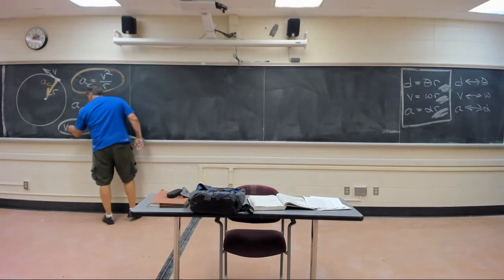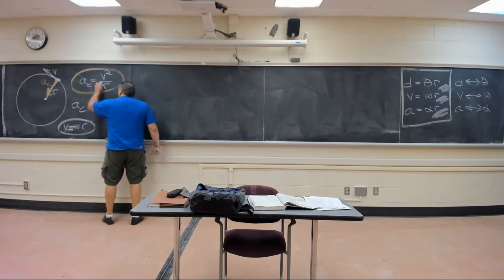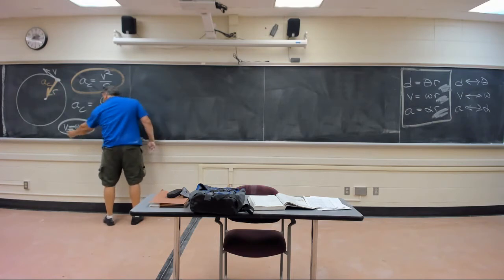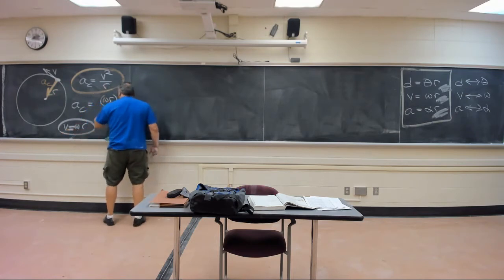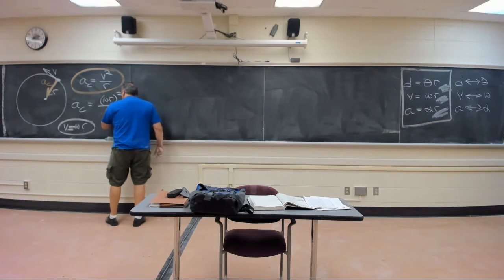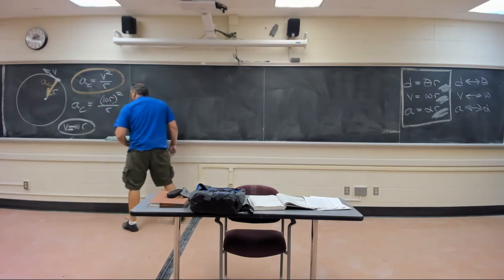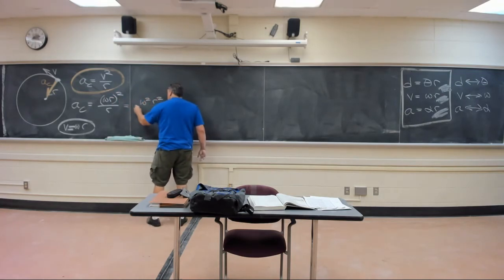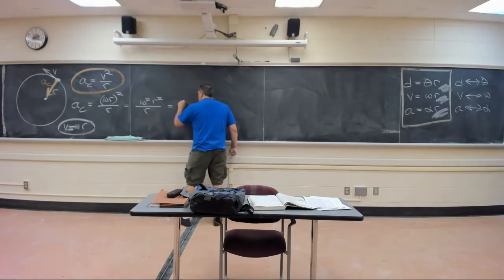If V equals omega times R, here's your V. That's V. We just said V equals omega times R. Square that, divided by R. When you square this, R goes into here once.